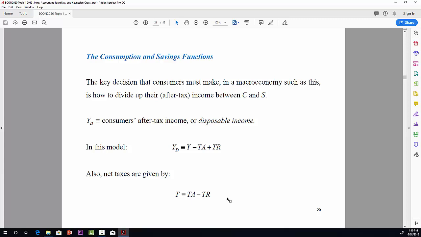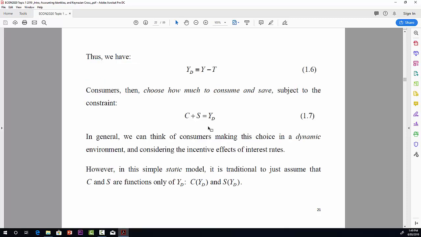You can think of that as net taxes. Therefore, disposable income is equal to income minus net taxes. And consumers have to choose how much to consume and save, subject to a basic constraint: your consumption plus your savings has to add up to whatever disposable income you have.